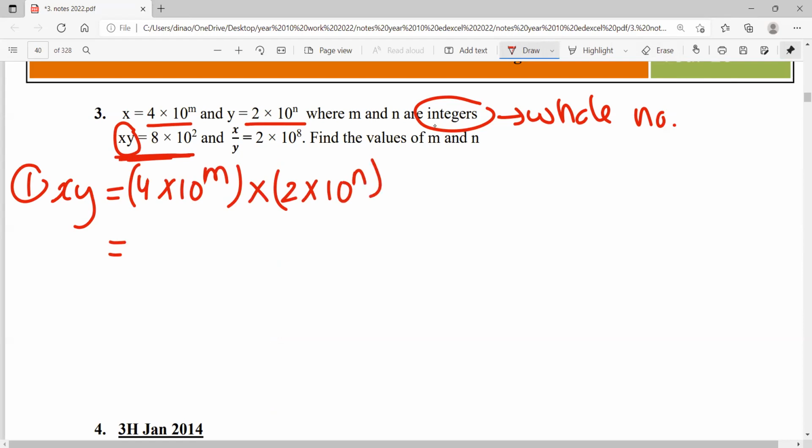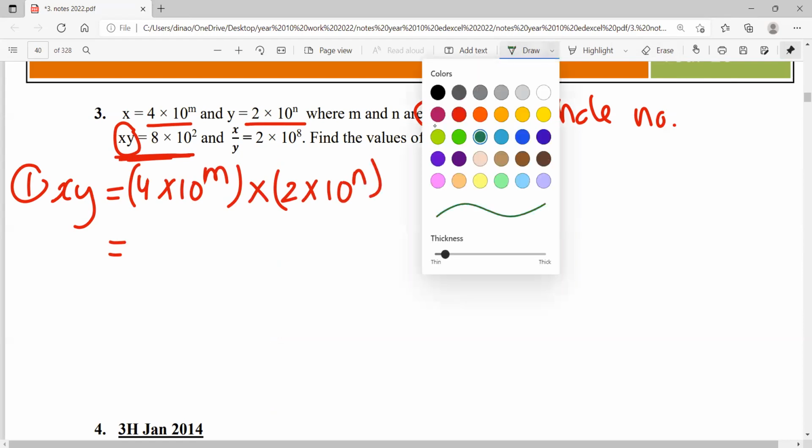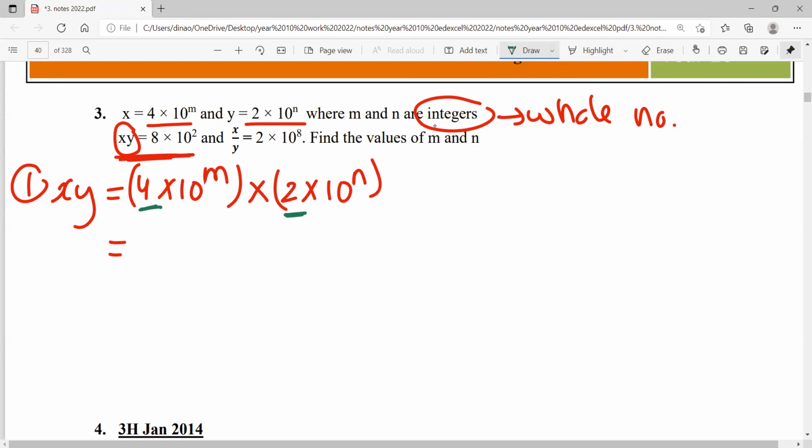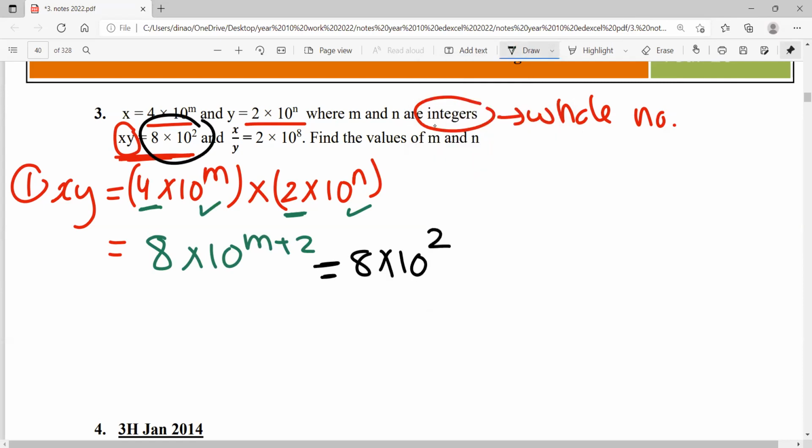Since this is multiplication, you are allowed to multiply these two together. 4 times 2 is 8, and then work on the tens. When you multiply the same base, remember that you can add the powers. So this is the left-hand side. Now compare with the right-hand side, which is 8 times 10 to the power of 2.